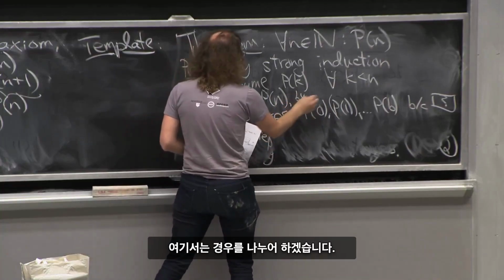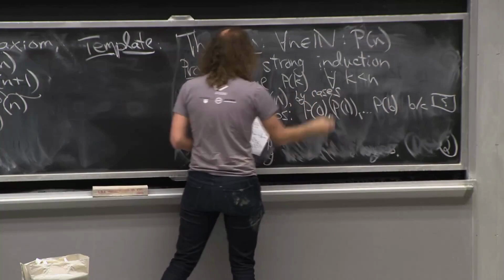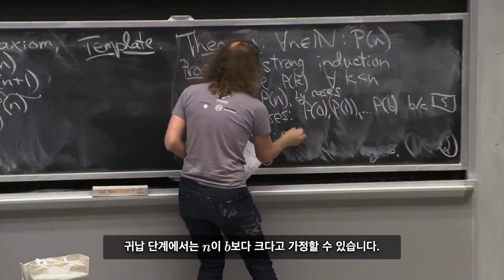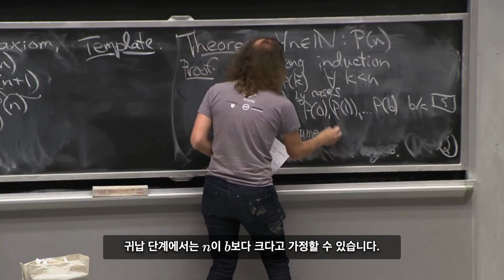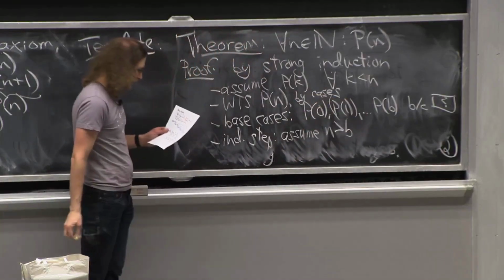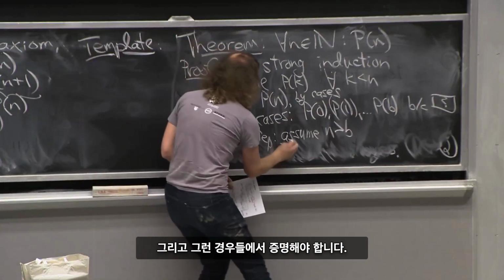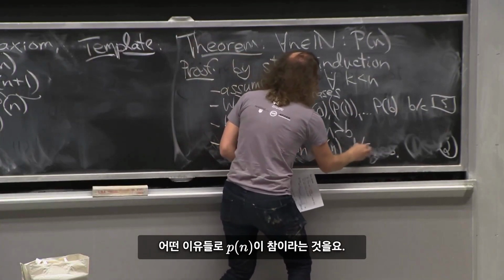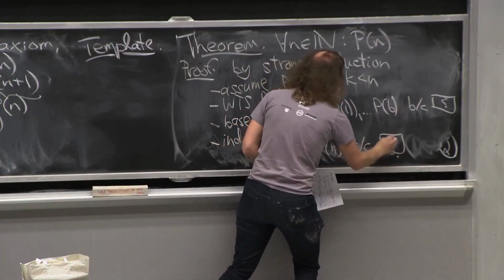So I'll say by cases here. Induction step, we get to assume n is bigger than b, because we just proved 0 up to b manually. And then we need to prove, in those scenarios, P of n is true, because reasons.